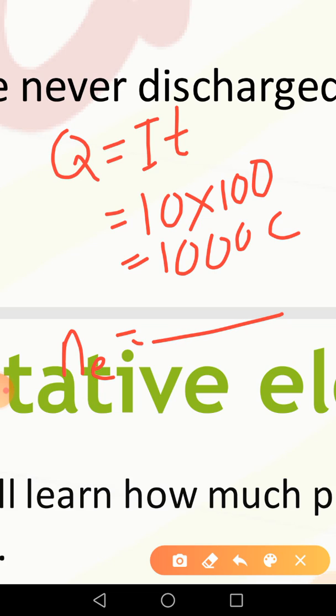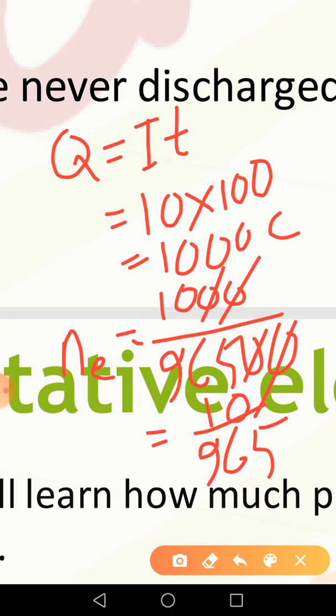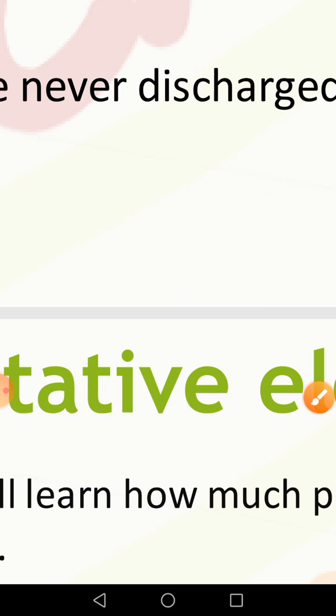So it should be the charge divided by 96500. So from here you will get the number of moles of electrons, which is 10 by 965. Okay, all right. Please copy up to this.